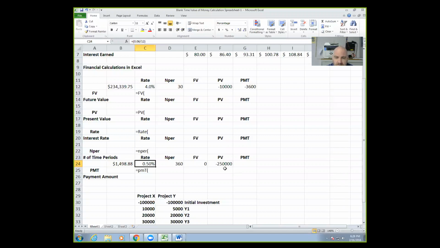So instead of being a present value of negative 250, it would be negative 250 and take off 50,000. It would go down to basically your loan amount. So it'd go from 250 to 200, and then you hit enter, and it reduces it down over here. You would just subtract the down payment from whatever your loan amount was in the first place.